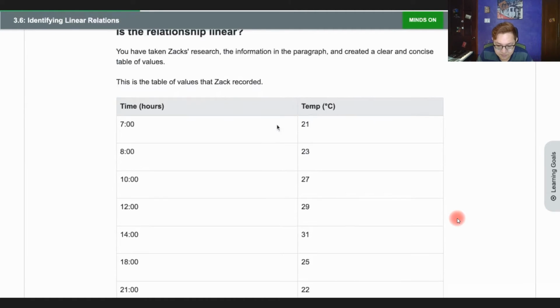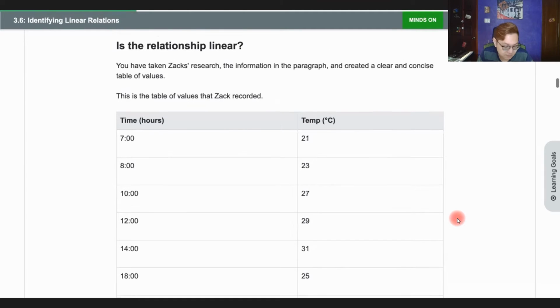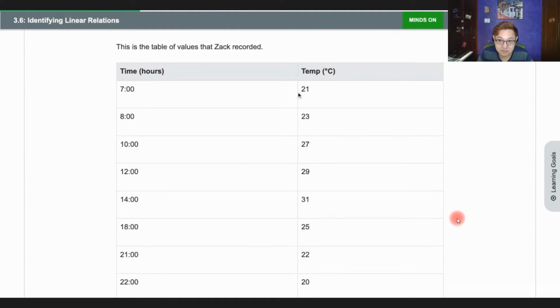It's not a linear relationship because you can't really tell how the temperature is going to change over time. At 7 it's 21, at 8 it's 23, at 10 it's 27, at 12 it's 29, and at 14 it's 31. So there's no apparent pattern in the table of values. It's just random, like a scatter plot.